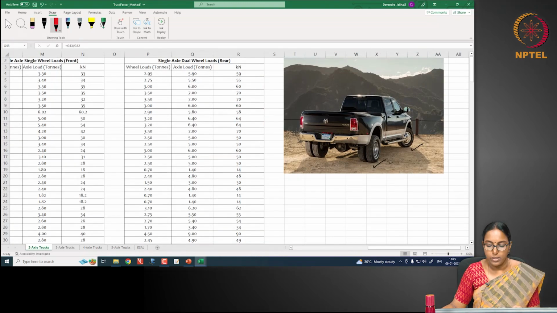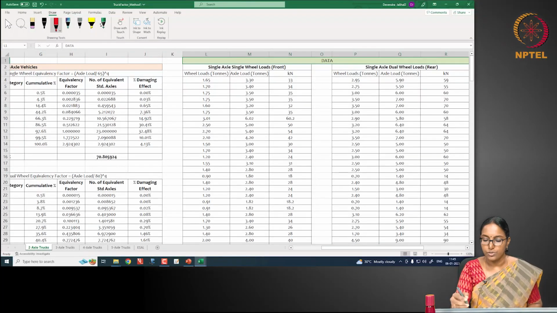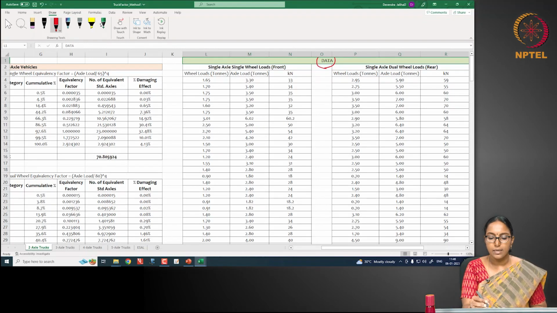So let us see how the data is tabulated in this table. So this is the original data as you see here. Okay, so this is the data in which the single axle single wheel loads of all those vehicles are presented. So this is the wheel load in tons as 1.65, 1.7 and so on for each of the vehicles, and it is multiplied by 2 to get the axle load.